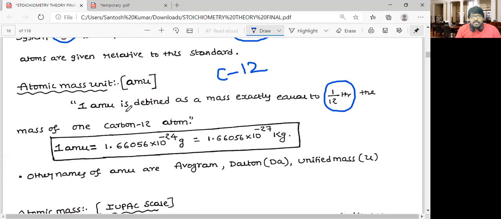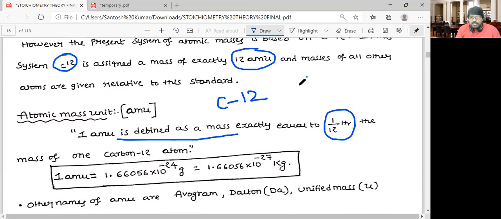So 1 AMU is defined as a mass exactly equal to 1/12 part of 1 carbon atom. You take 1 carbon atom, the assigned mass is 12 AMU, divide this carbon atom into 12 equal parts.